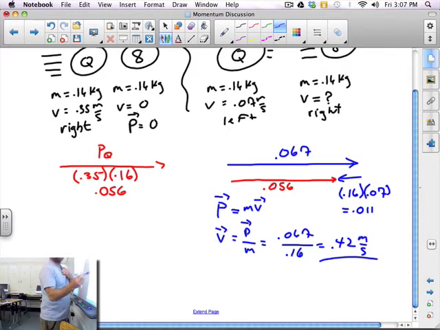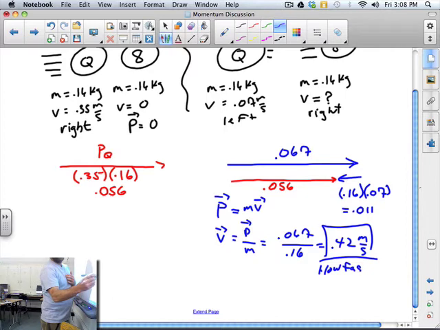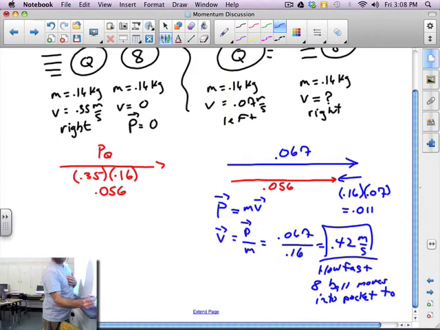And I'll say this is how fast the 8 ball moves into the pocket, and I'll say to the right. This is to the right, right? Is everybody good? Not too bad, right? Questions before I move on?